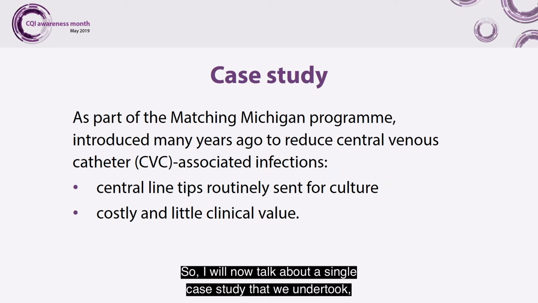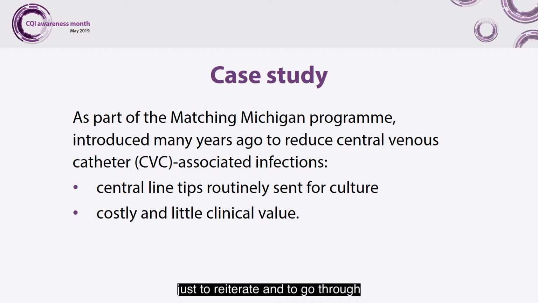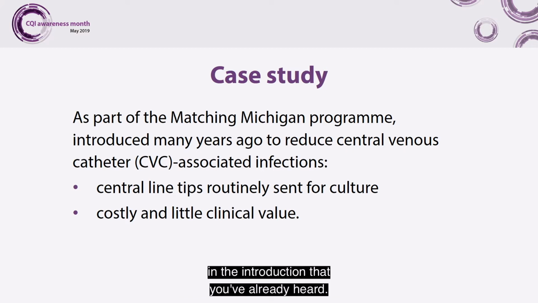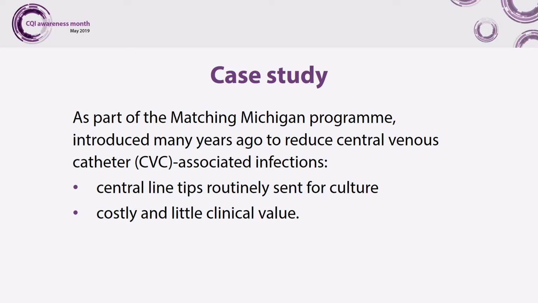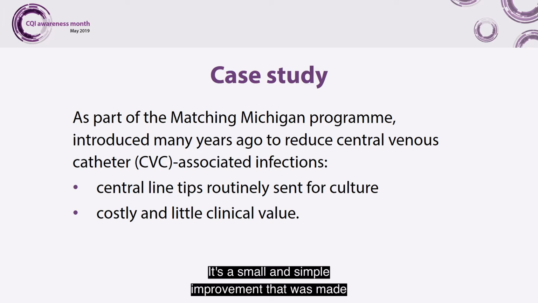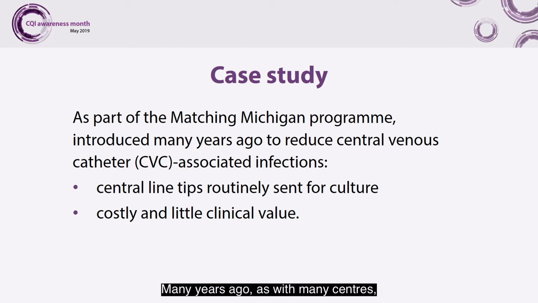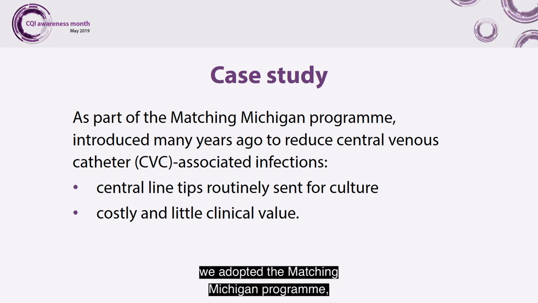So I will now talk about a single case study that we undertook, just to reiterate and to go through the points that I've raised in the introduction that you've already heard. It's a small and simple improvement that was made, but it illustrates the points that have been made. Many years ago, as with many centres, we adopted the Matching Michigan program, which is the way of reducing line-associated infections in critical care units.